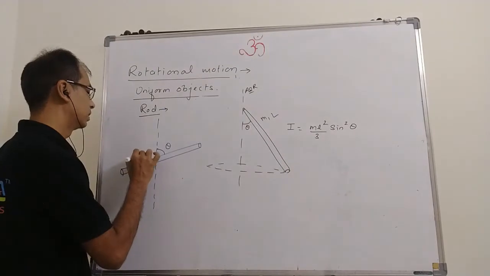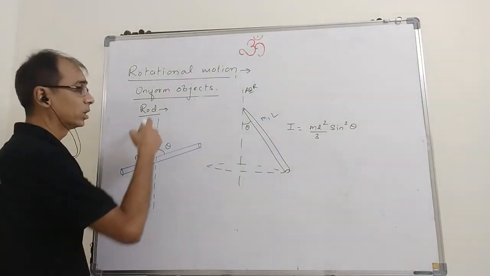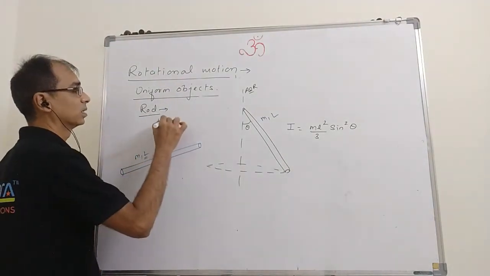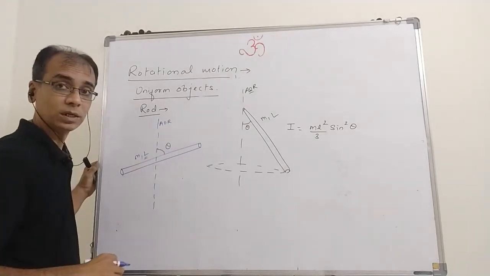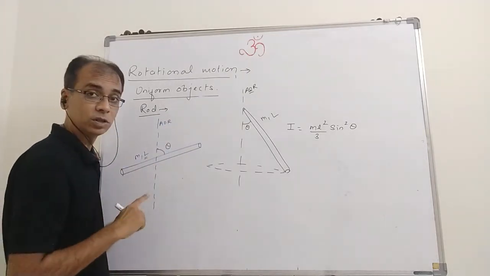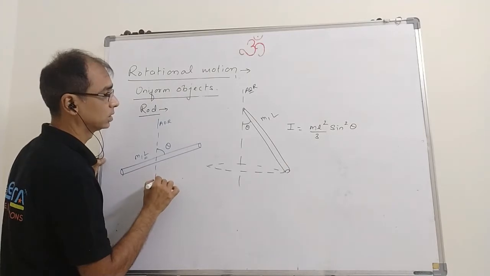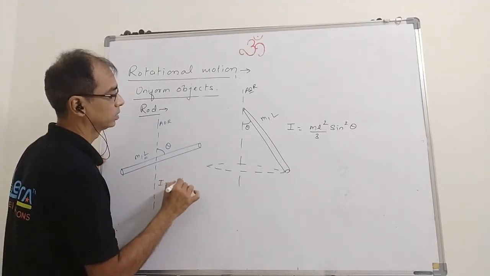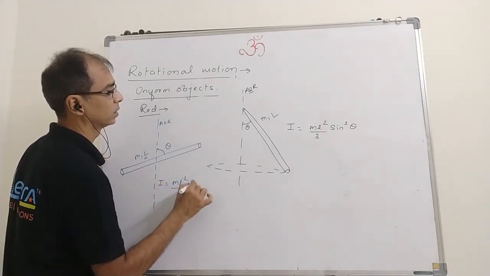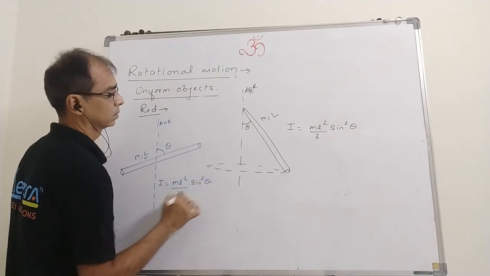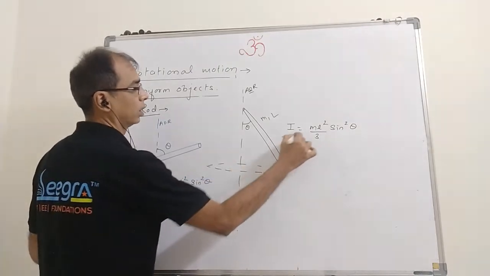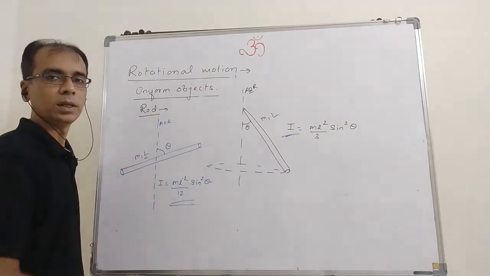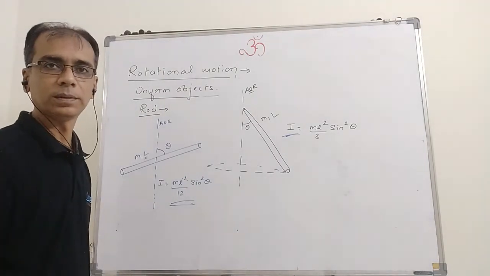Mass is m, length is l, everything is the same. Now what is the moment of inertia about this axis? Same way, it's passing through the center, so ml square by 12, we saw the formula. Here also it is I equals ml square by 12 sine square theta. Both are very important. You need to remember that. There's no doubt about that.